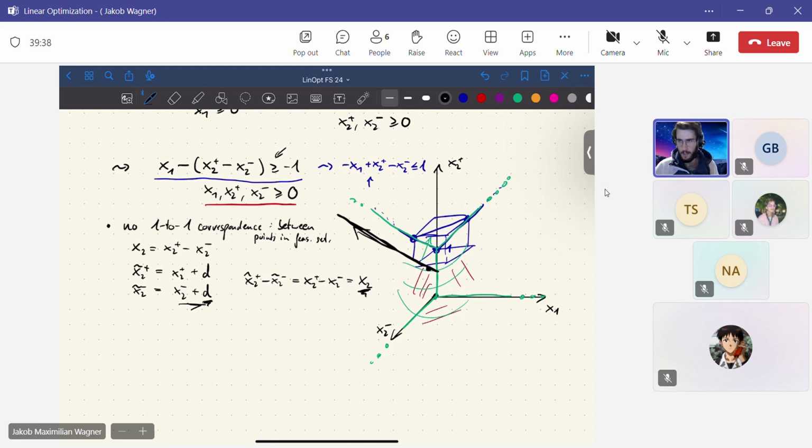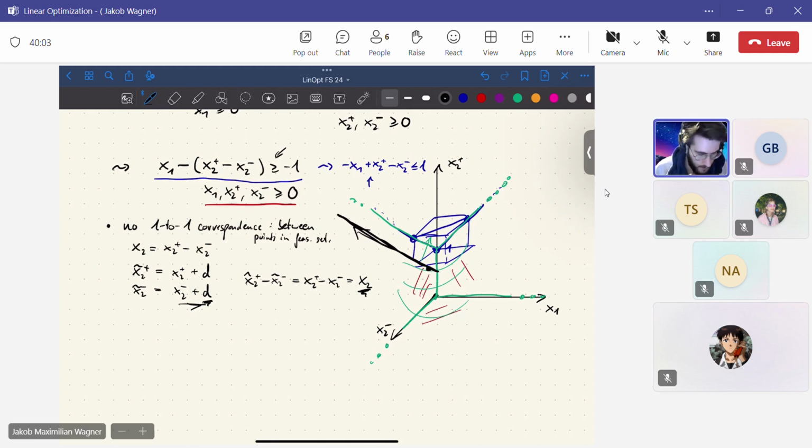If we have an optimal point in the old one, then we have also an optimal point in the new one. But in the new one, this minimizer is not unique, because we have a whole family of points that are also optimal. As long as we look at existence, it doesn't change things.